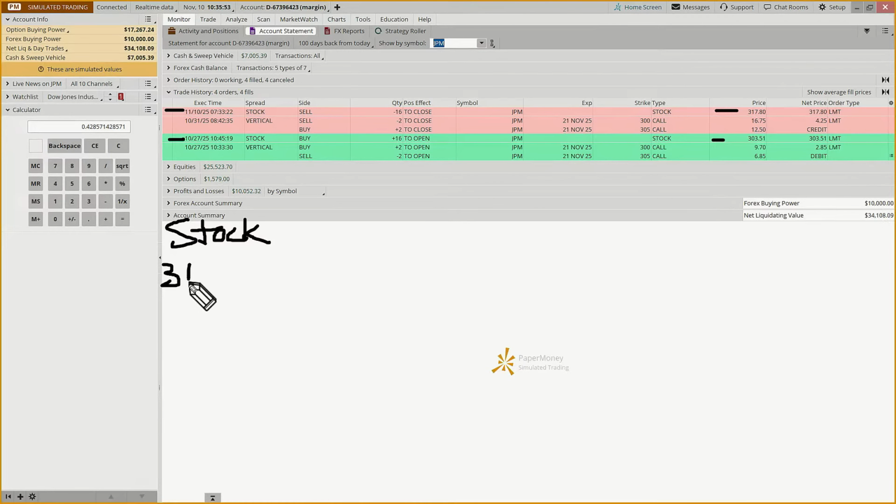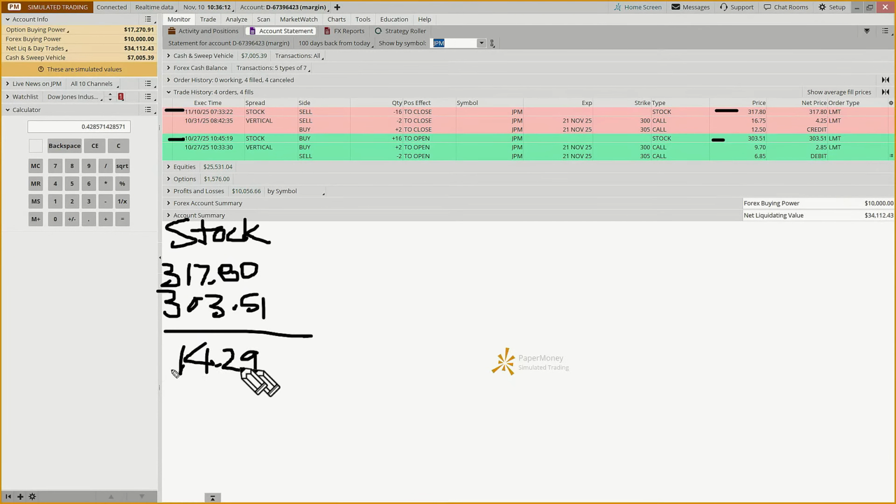So we take 317.80 and subtract our 303.51, and we get 14.29. With this, there is no transaction fee because it's a stock. And then we had 16 shares. Was it 16? Yeah. So we ended up with 228.64.